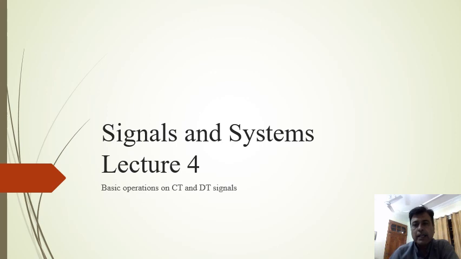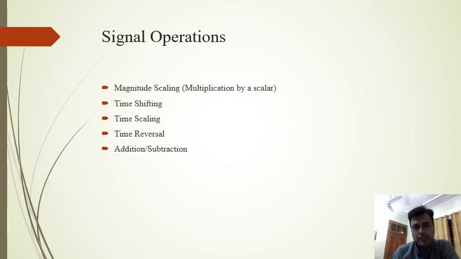So basically we are going to discuss a number of different operations. The first operation we call magnitude scaling. This operation of magnitude scaling is performed on the dependent variable.